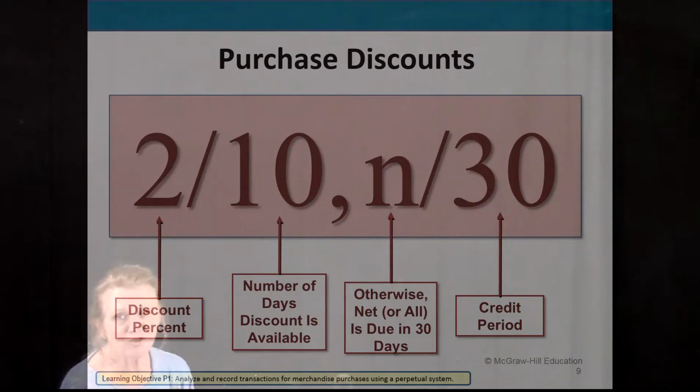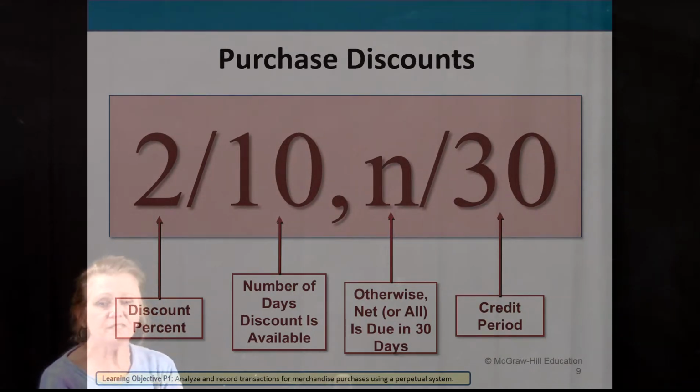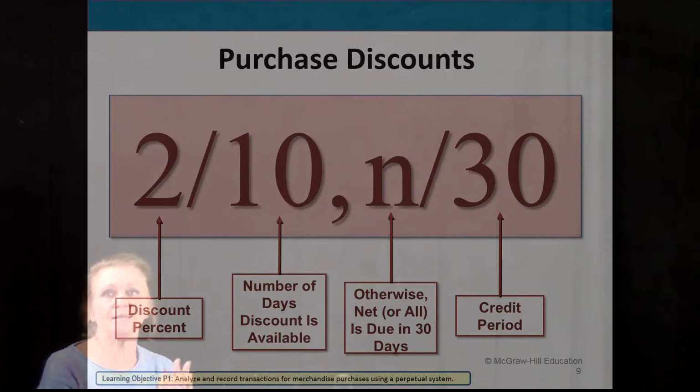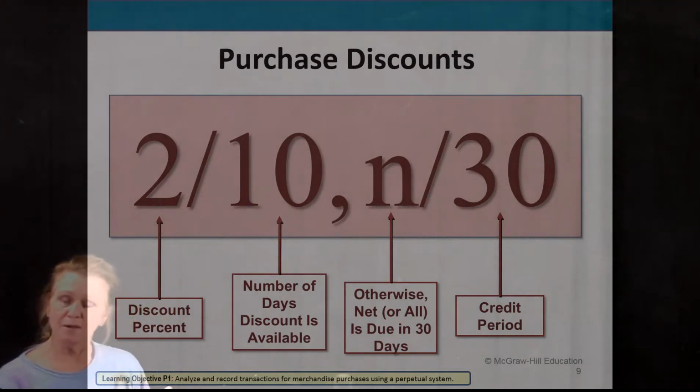If you exceed that 30 days, then you pay a penalty and usually interest. If this said 1/5 net 60, your percentage would be 1% in 5 days, the full amount due in 60 days. So those terms, if you pay it within that discount period, reduce the cost of your inventory because you got a discount on it.